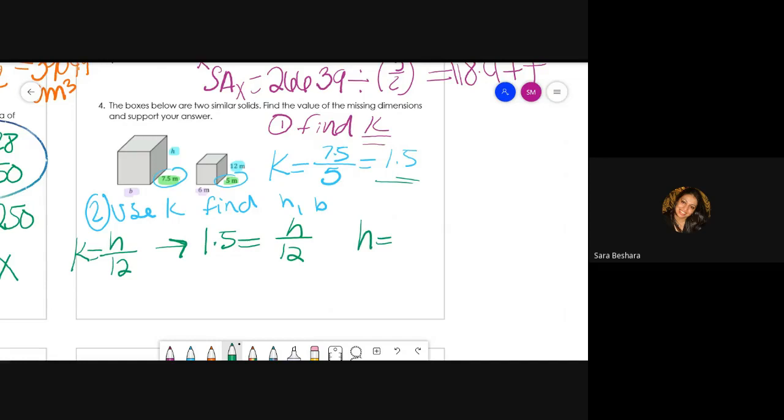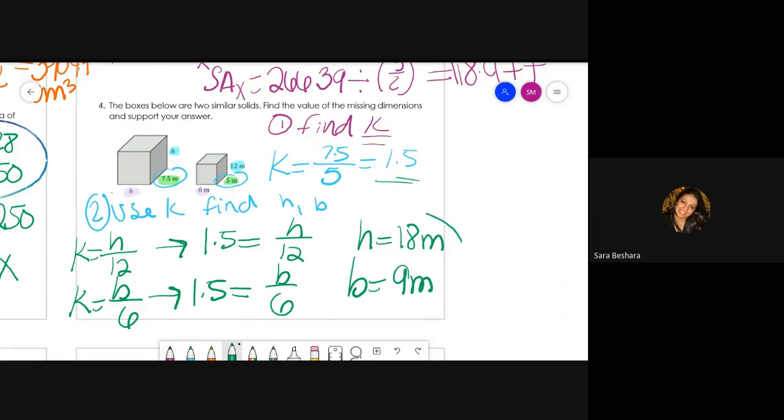H here should be 12 times 1.5, which is 18 meters. Let's do it again, but with b. So k would be b over 6. What's k again? 1.5. Multiply 6 times 1.5. So b equals 9 meters.